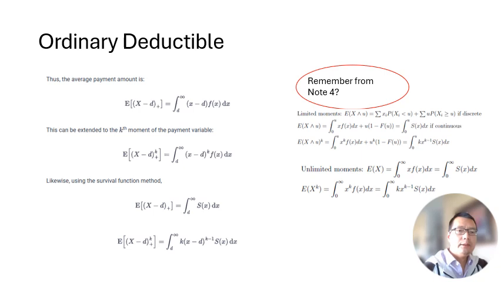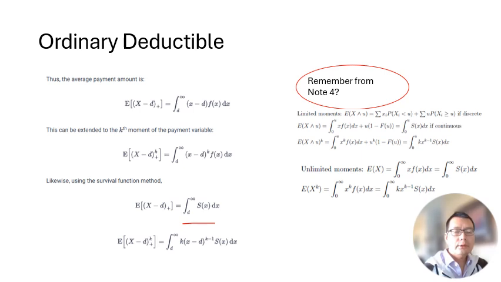Similarly, the kth moment of the payment variable will be as follows. Further, we can use the survival function to calculate this expected value of (X minus D)+, which is just the integral from D to infinity of S(x), that's the survival function.